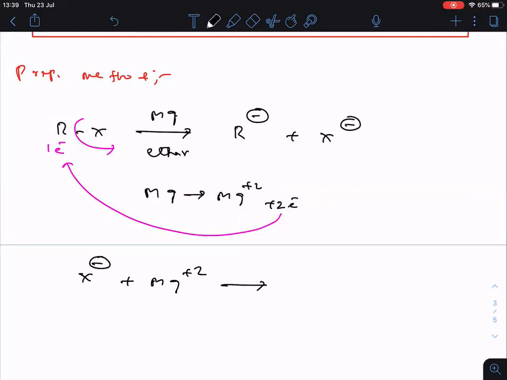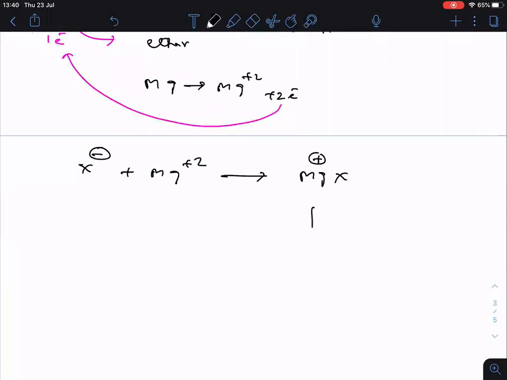Remember everyone, the intermediate formed is Mg plus X. That means this X minus will take 1 electron from Mg plus 2, and then you will get Mg plus X. Now this Mg plus X combines with whom? R minus. And forms what? RMgX.